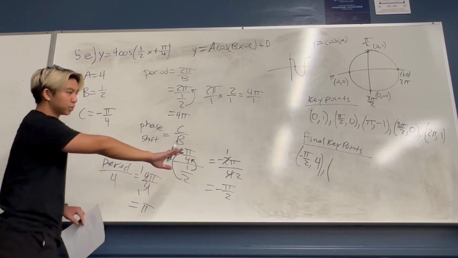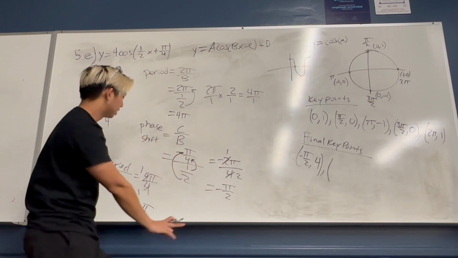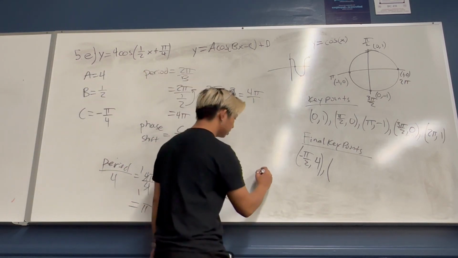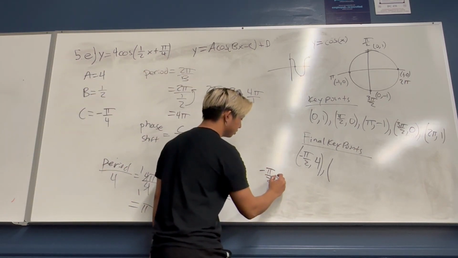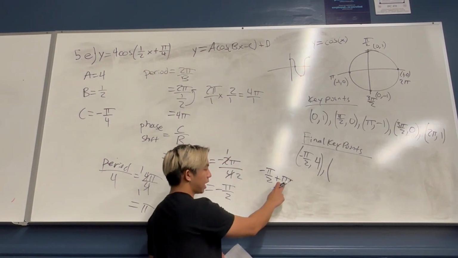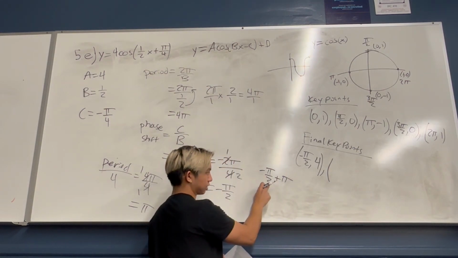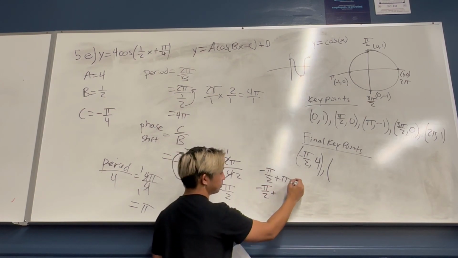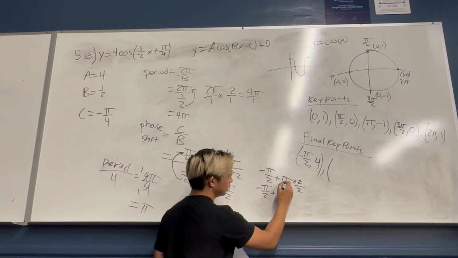So here, our first coordinate was what? Negative pi over 2, right? So now I want to add pi to that. So negative pi over 2 plus pi. So I'm going to get this pi in terms of over 2. So this becomes negative pi over 2 plus what? I'm going to multiply 2 on top and bottom of this pi.